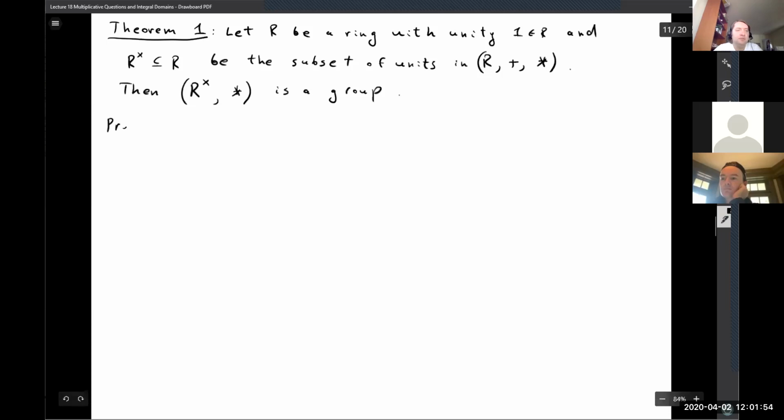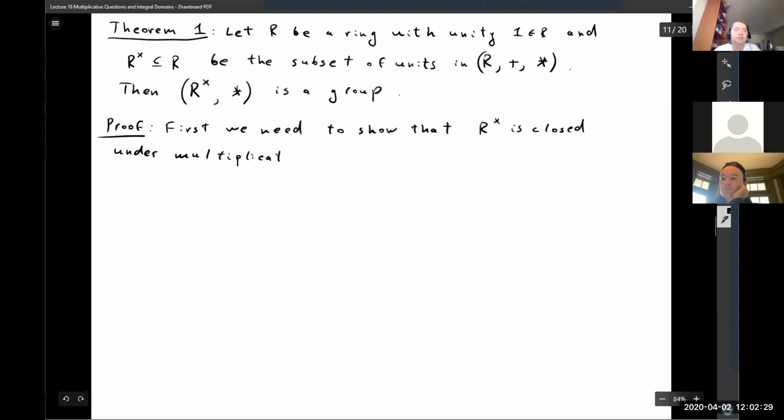And the proof of this theorem would go as follows. So first we need to show that R cross is closed under multiplication in R. Well, indeed, suppose x, y are invertible.